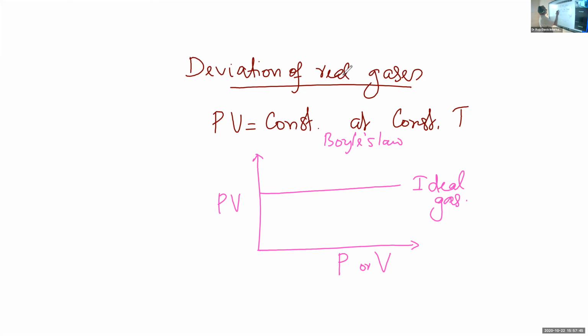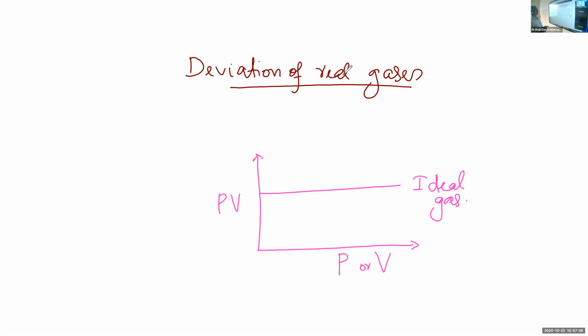But for real gases, if we plot PV against P, it is not always a straight line. See, in some cases, the graph will be, say, this is for ideal gas.